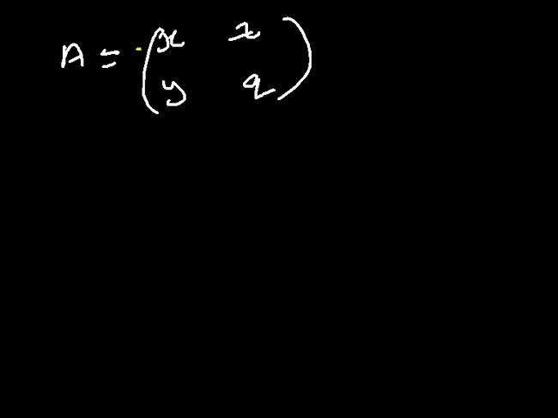So this is the first row and this is the second row. Let's say the number of rows is presented as n. And the matrix contains what we call the columns. So this is the first column and this is the second column. There should be 2 columns, and let's say the columns are denoted by M.